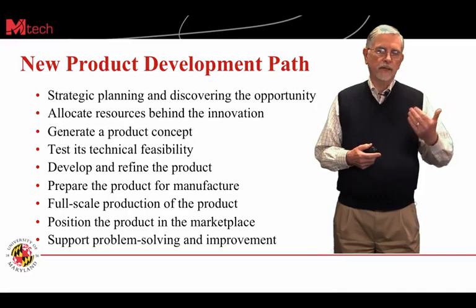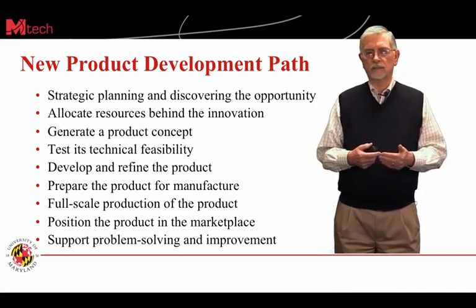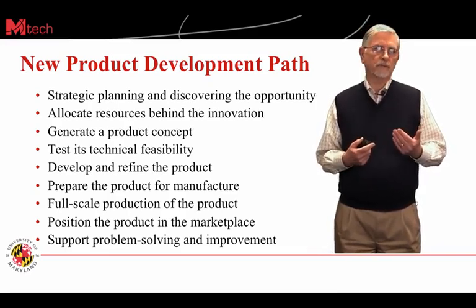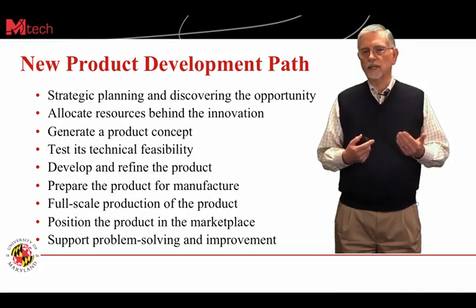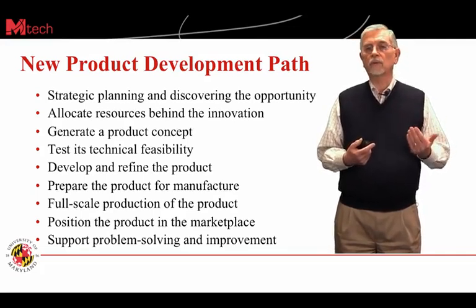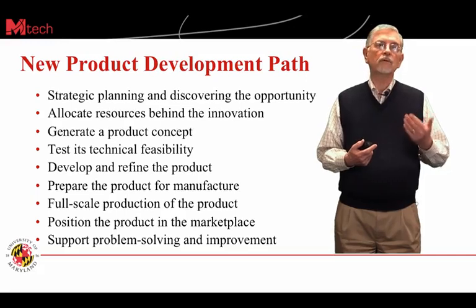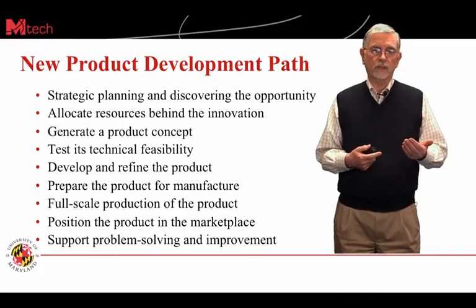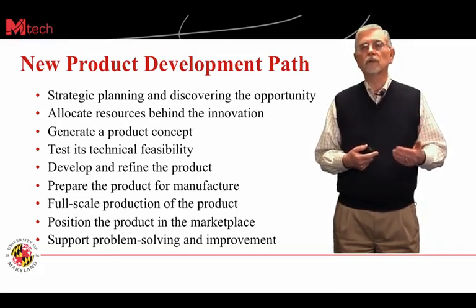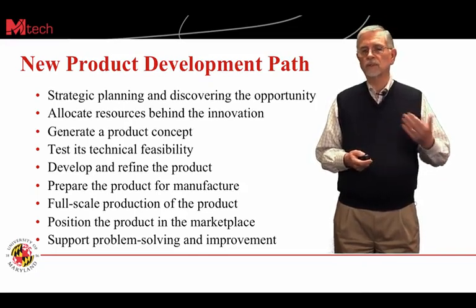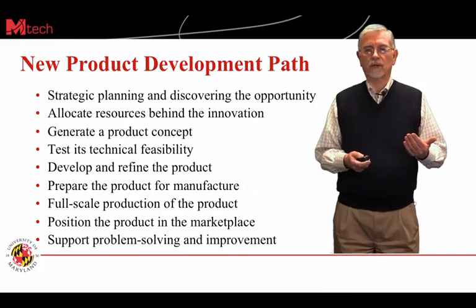And then there is an allocation of resources behind that idea, and they generate a product concept, and then they test its technical feasibility. The next step is to develop and refine that product, and then they prepare the product for manufacture, and then they do a full-scale production of the product, and then they position it in the marketplace, and then they support its operation and its function and its ongoing improvement, and they solve problems for it. So this is the path of a new product development.